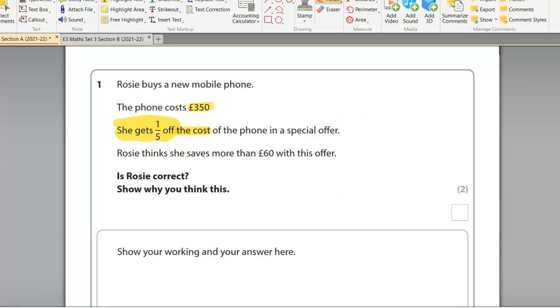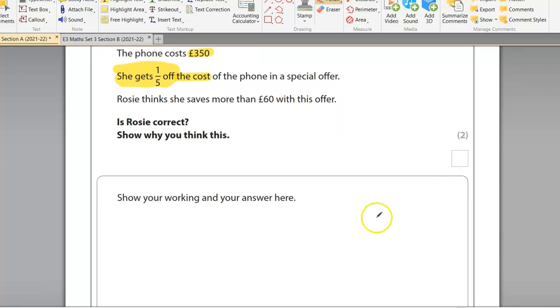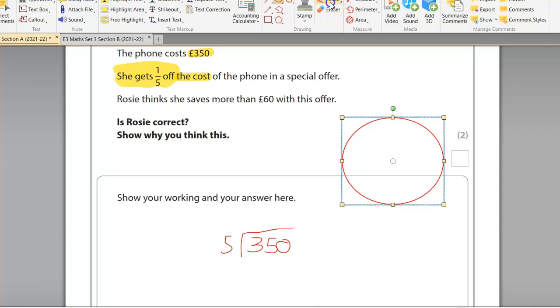Well, what that means is that it wants you to divide 350 by 5, because what it's saying is that the entire cost of the phone is £350.